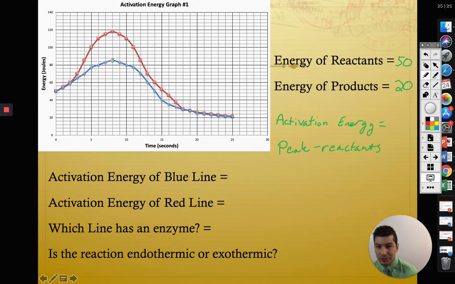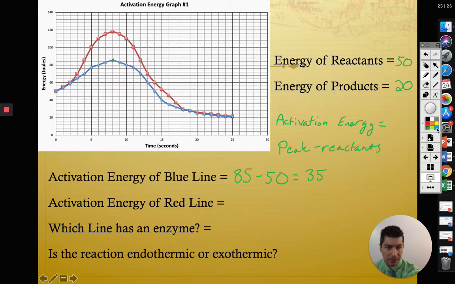What's that number? We could say it's like 85, somewhere around there. All right, 85, we'll go with it. Minus our energy of the reactants, which we already found was 50. So our activation energy of the blue line, 85 minus 50, is going to be 35.